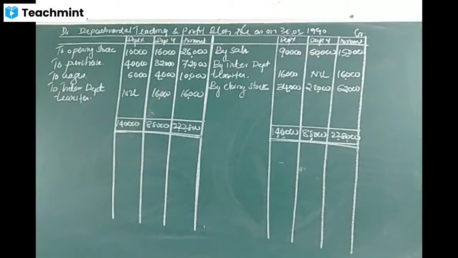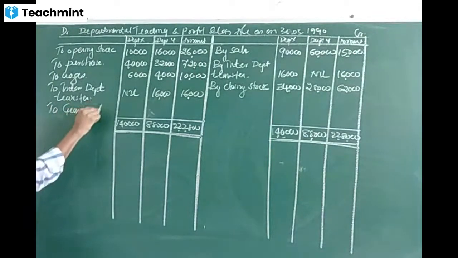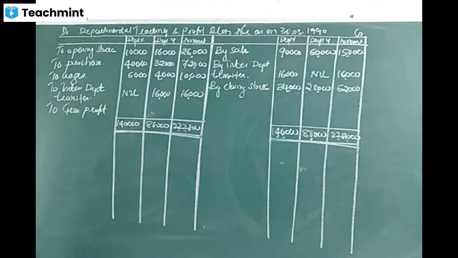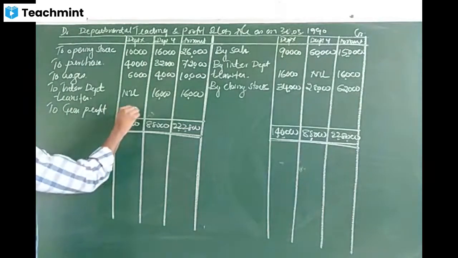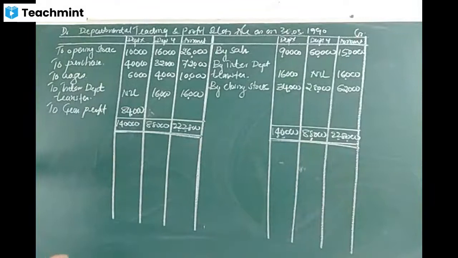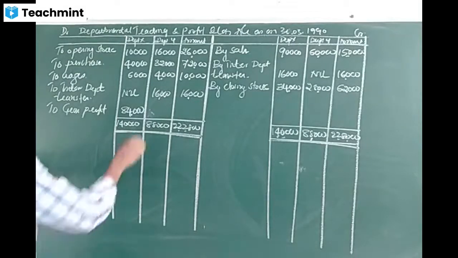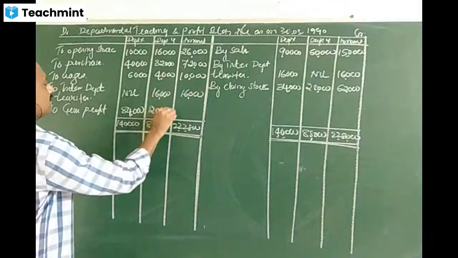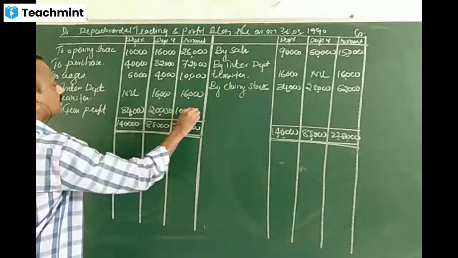Calculate the gross profit. How much of gross profit are we going to get? I think 84,000 for X, 20,000 for Y, and total 1,04,000.